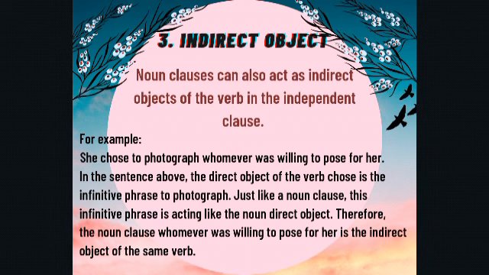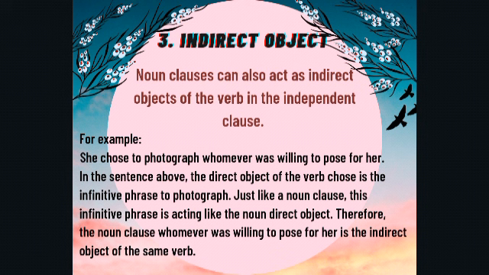Okay, third, indirect object. A noun clause can also act as the indirect object of the verb in the independent clause. Okay, for the example: She chose to photograph whomever was willing to pose for her. In the sentence above, the direct object of the verb "chose" is the infinitive phrase "to photograph."